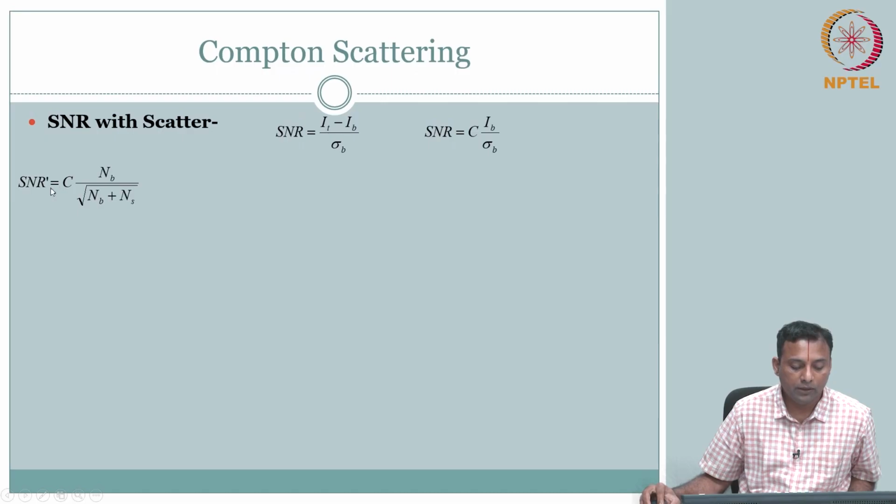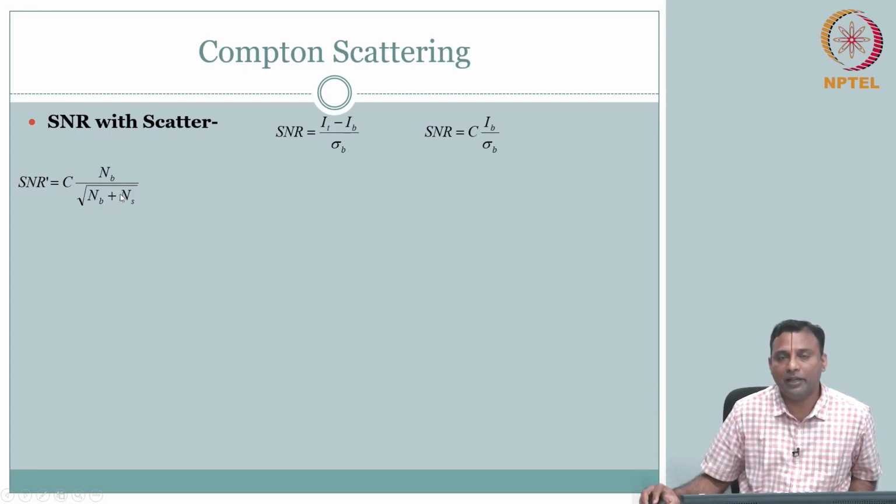So you have your new signal to noise ratio in terms of local contrast. Of course, this is not in a convenient form; it is capturing the effect, but it is not in a convenient form.